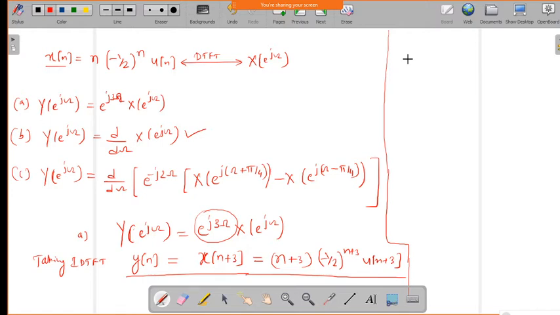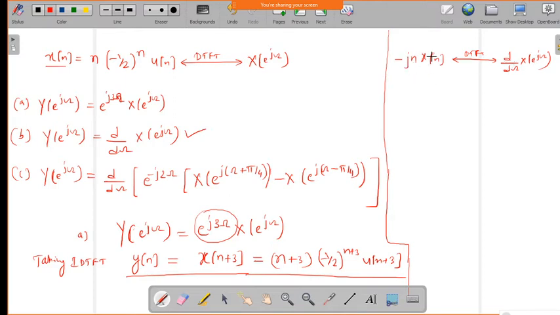So now frequency differentiation we know. If you take minus jn into x of n, it is given by the corresponding DTFT of d by d omega of x of e power j omega, right? So now this is the frequency differentiation property. So now we have this one, and we need to find out this one.